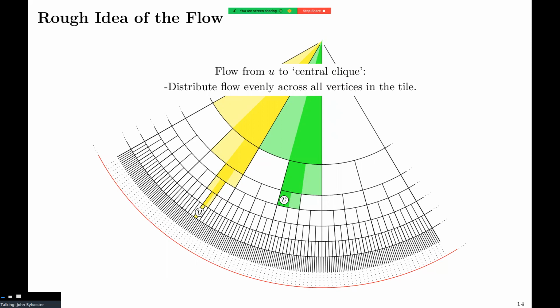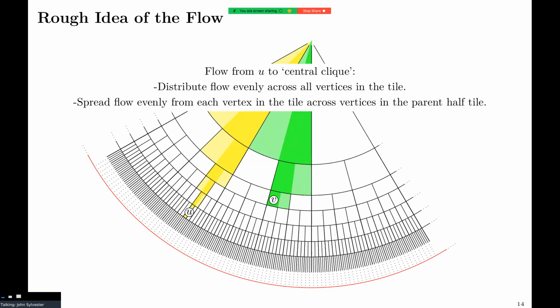Well, say we start at U, we want to distribute flow as evenly as possible over the tile we're currently in. So each vertex then has the same amount of flow arriving into it within one tile, and then you spread flow evenly from each vertex in that tile across the vertices of the parent half tile. Okay, so moving one step closer to the center, and then as soon as you're in this situation, you basically do the same again.